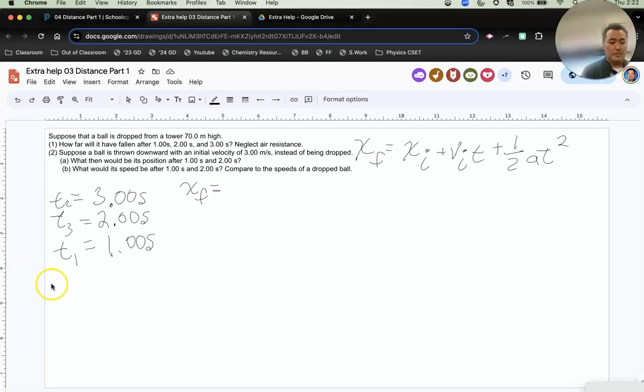So, Alexander, if xi is initial distance, what number should we put for it? The ball is at the top of a building, not moving yet. 0.